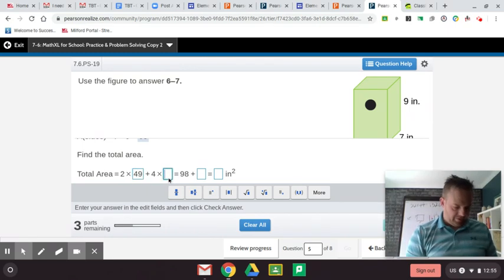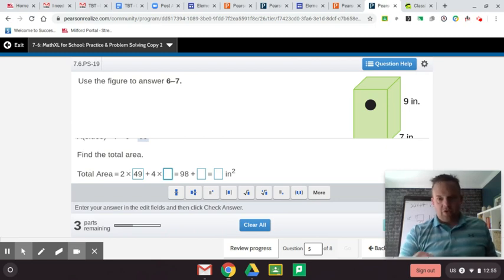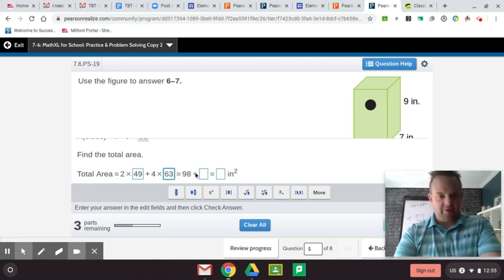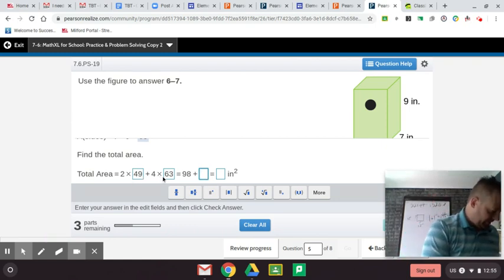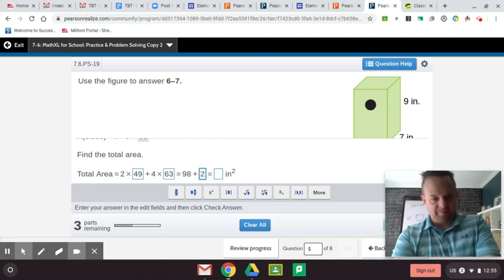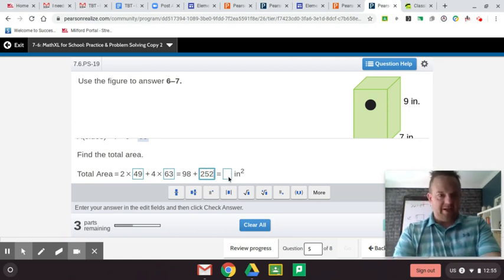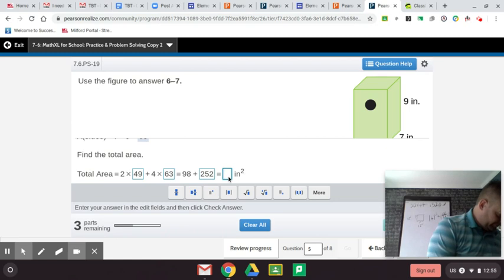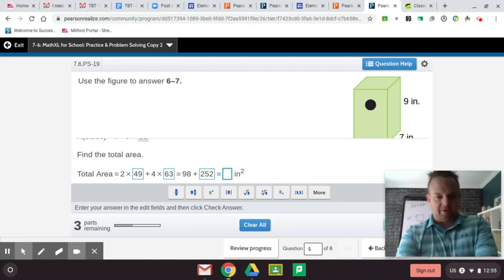We have 4 of those. So 2 times 49 is 98, and 4 times 63 is 252. And 98 plus 252 is 350.